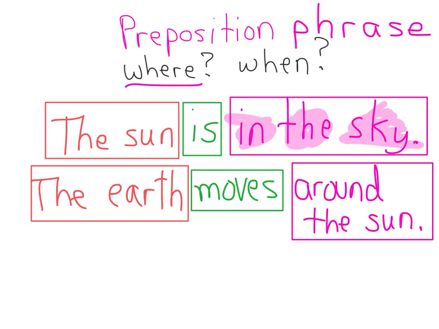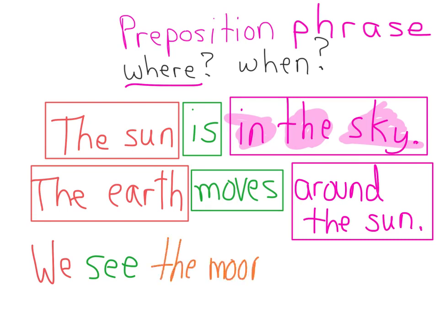Our last example will be we see the moon at night. The moon is an object. It's a noun that comes after the verb.